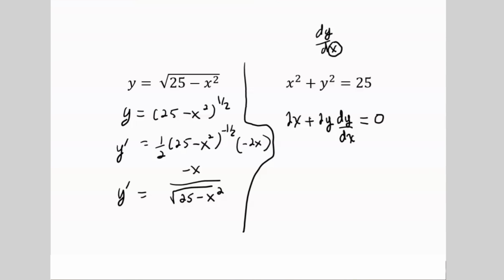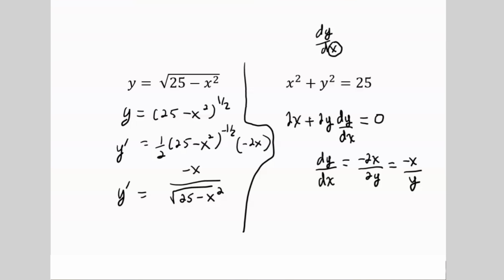Okay, now what you want to do is isolate the dy/dx by solving for it. So we would get dy/dx is equal to negative 2x divided by 2y, so we would get negative x over y.